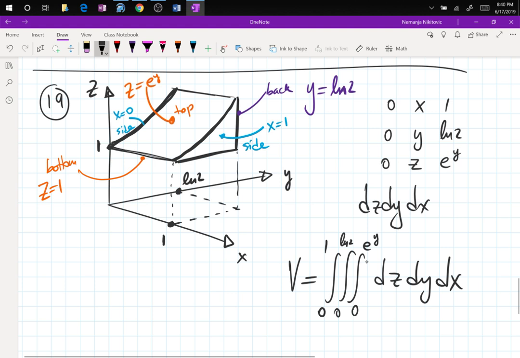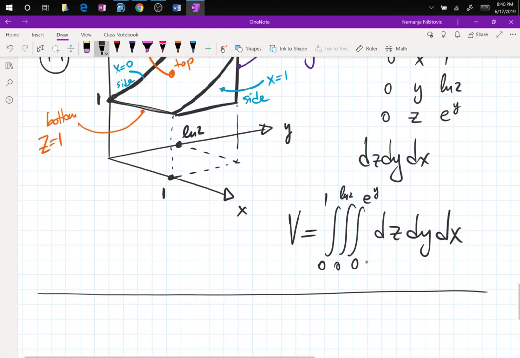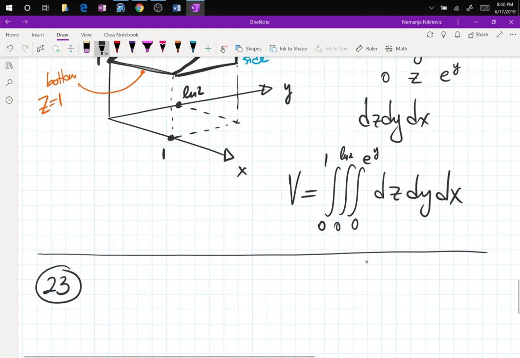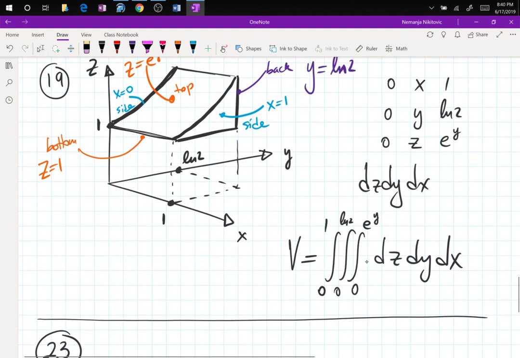Green? Would the limit be... Oh, 1, 2, yes, you're right. Thank you. 1 to e to the y for z. Yes.